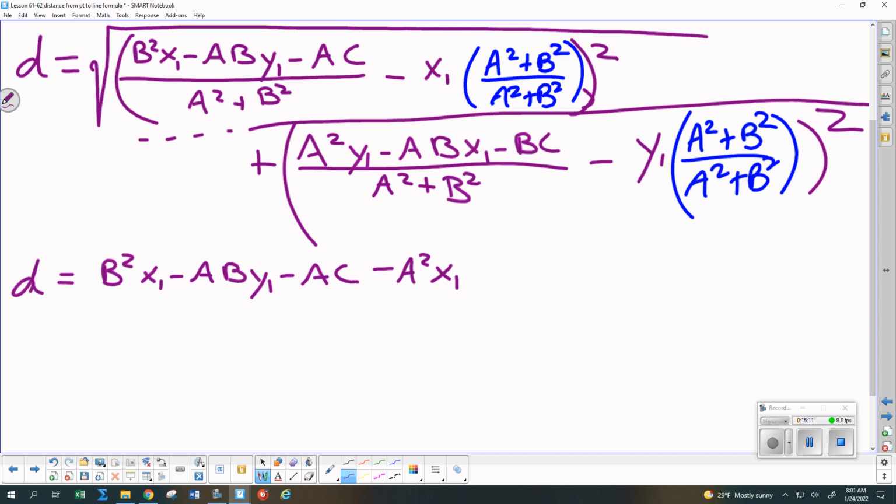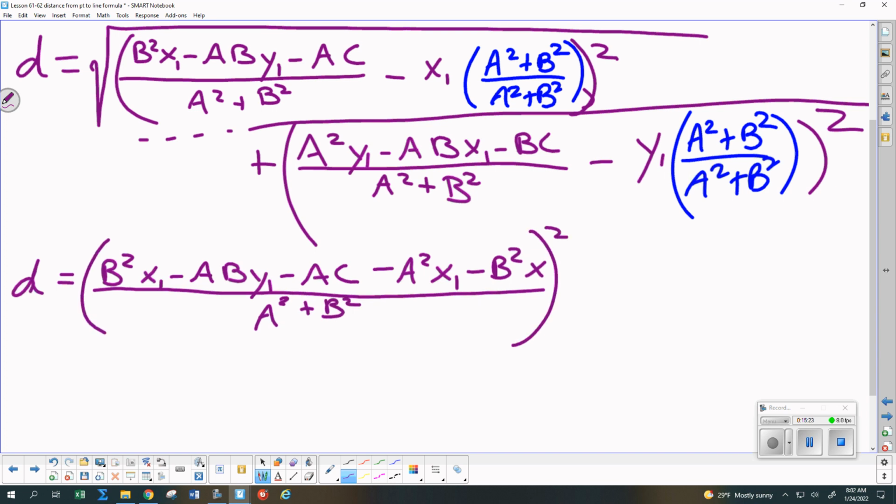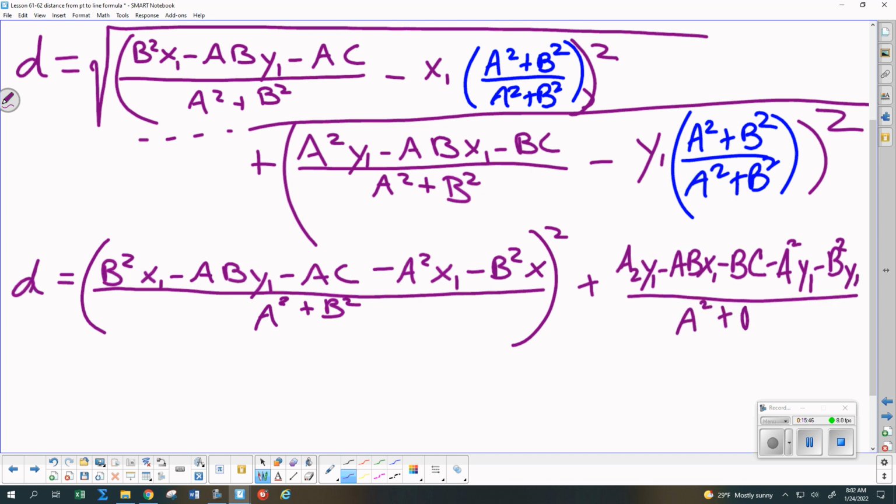It's a minus x1 I'm distributing, so minus b squared x1 over a squared plus b squared, all squared, plus a squared y1 minus ab x1 minus bc minus a squared y1 minus b squared y1 over a squared plus b squared, and that is also all squared.